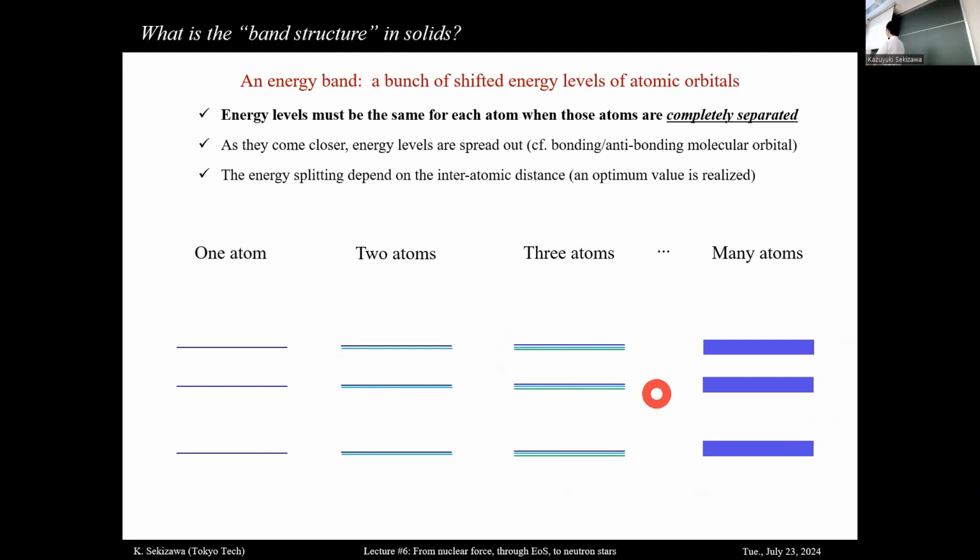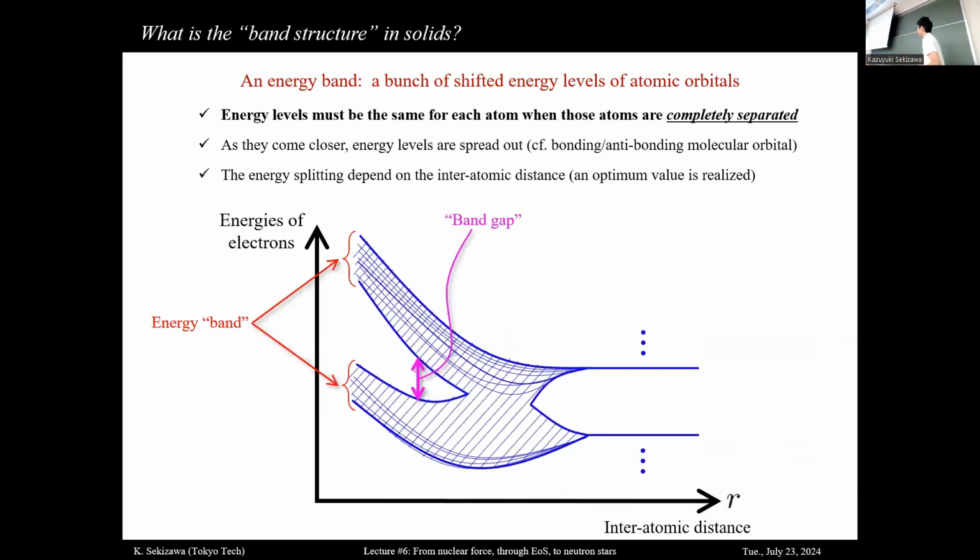In the end, you will have a kind of dense band of electron energy levels. It is like a band. So we can consider similar formation of energy bands as a function of interatomic distance.